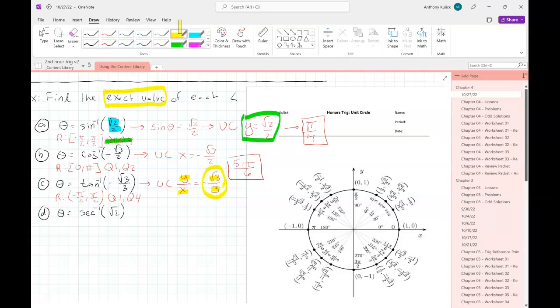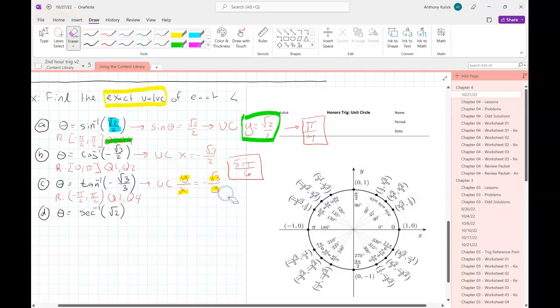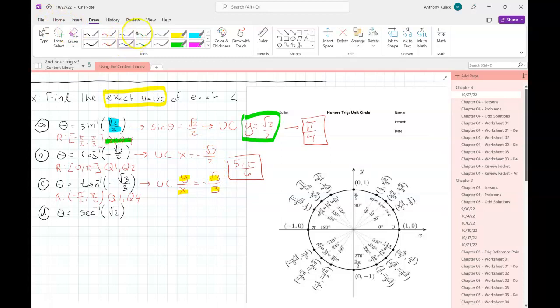Do you see any places where there's a regular 3 on my unit circle? No. Okay, what should I do then? What I'm going to do is reduce this fraction.